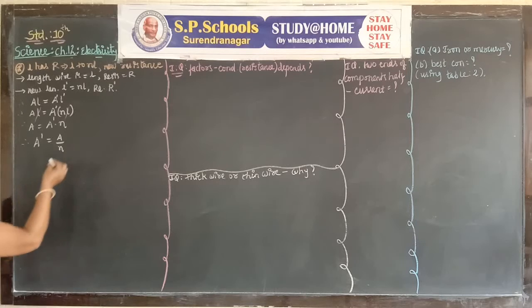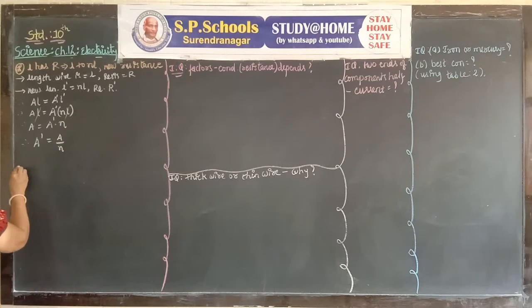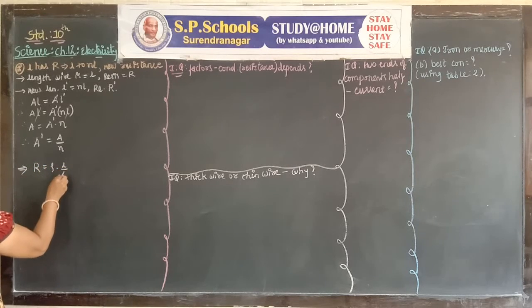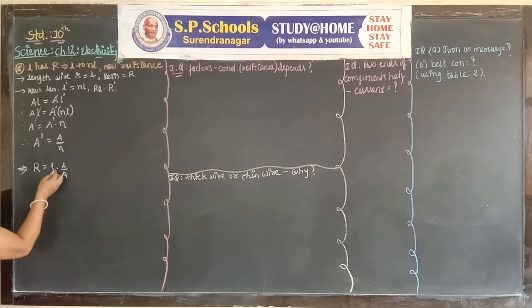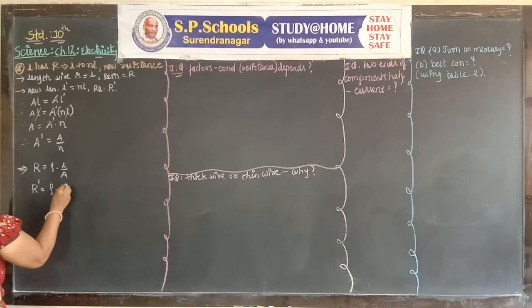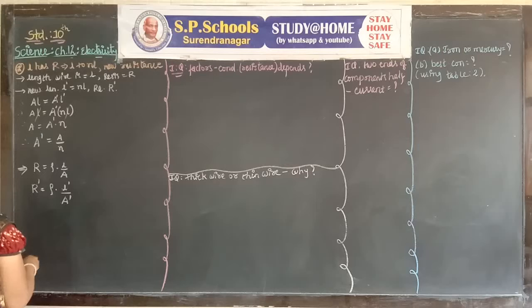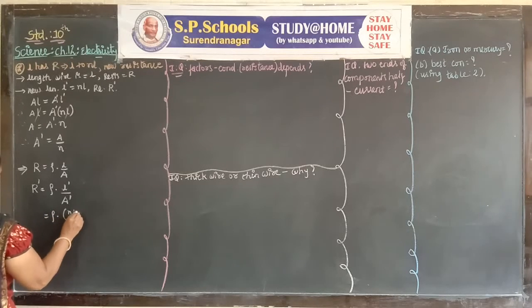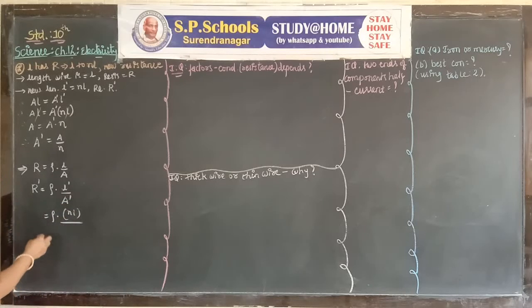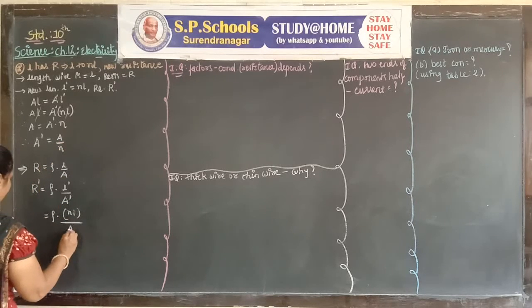We know the formula of resistance: R is equal to rho into L upon A, and the new resistance R dash is equal to rho into L dash upon A dash. Put the values of L dash and A dash: rho into n into L upon A upon n.